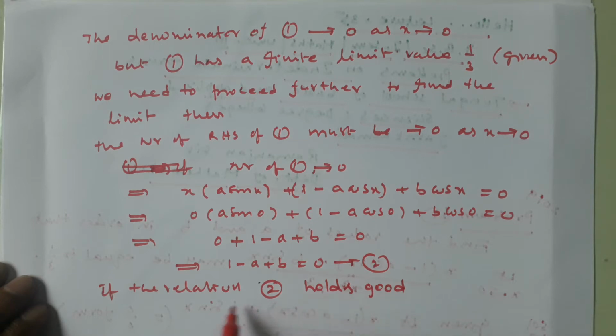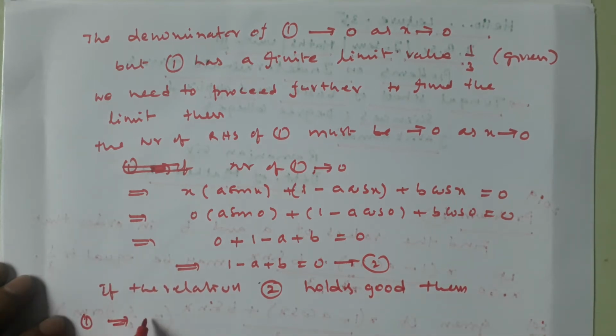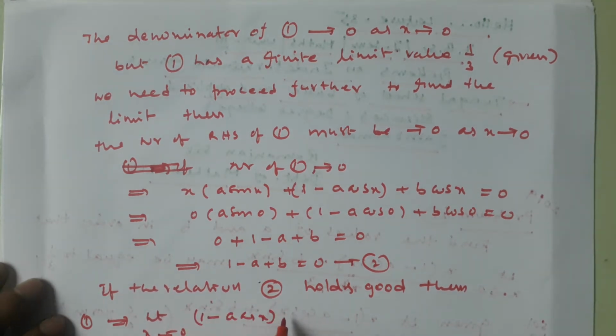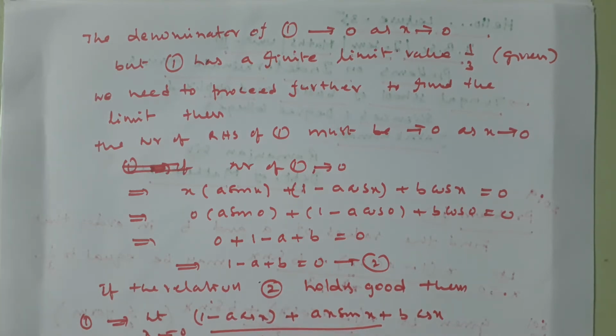If this relation is true, then 1 implies the limit as x tends to 0 of 1 minus A cos x plus A x sin x plus B cos x, divided by 3x square, is to be true.